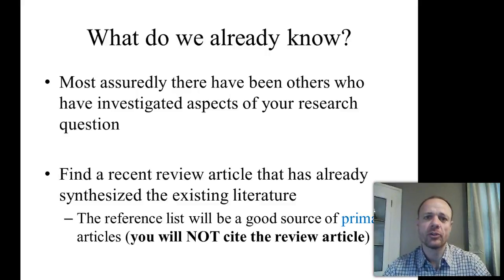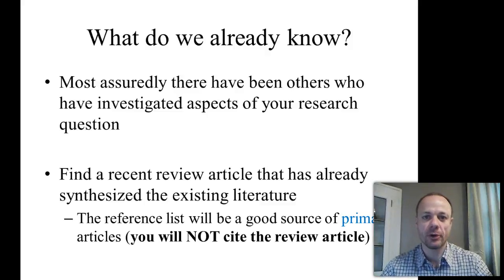One of the easiest ways to do that is to find a recent review article. That's a secondary source, and a review article is a paper that has already pulled together a number of primary sources. So what you'll be doing with your manuscript would be considered primary literature.